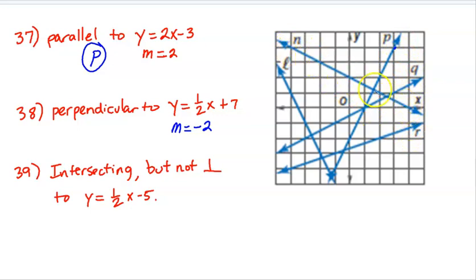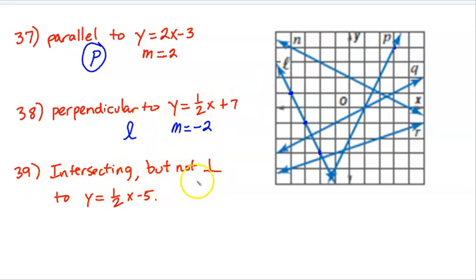So it's got to be one of these other 2, either L or N. Going from this point to this point, for example, that's up 2, left 1, down 2, right 1. So it looks like it's going to be line L. Line N, if we were looking for its slope, is up 1, left 2. That would be negative 1/2, but it has to be the opposite reciprocal. So for number 38, our answer would be line L.